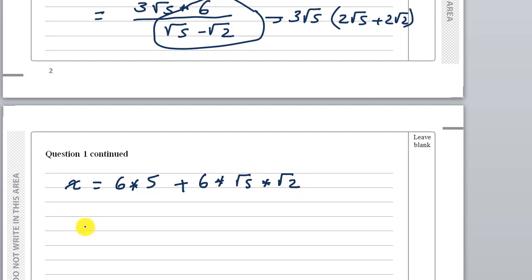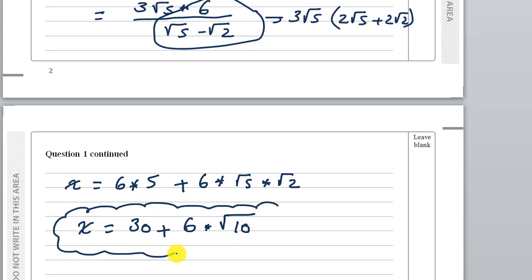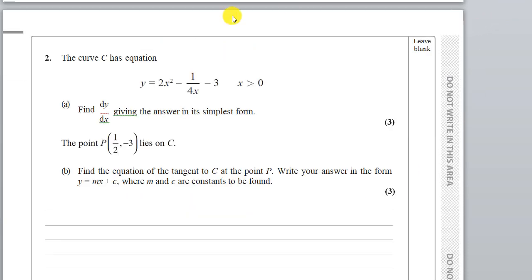So x is equal to 6 multiplied by 5, 30, plus 6 multiplied by square root of 5 multiplied by 2, which is equal to 10. And this is the answer of this part of the question. Okay, let us go ahead to another one.